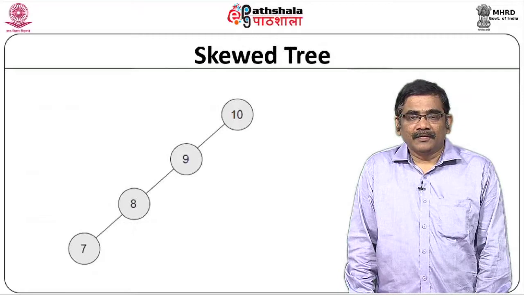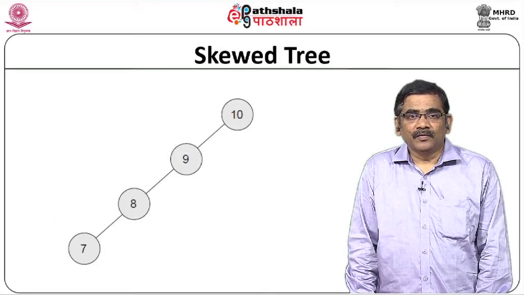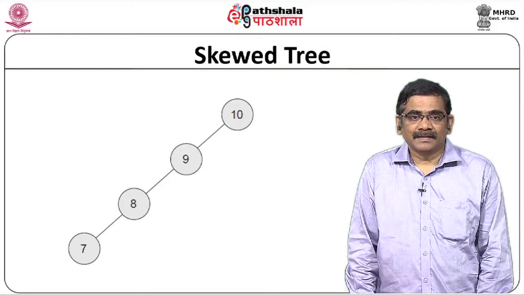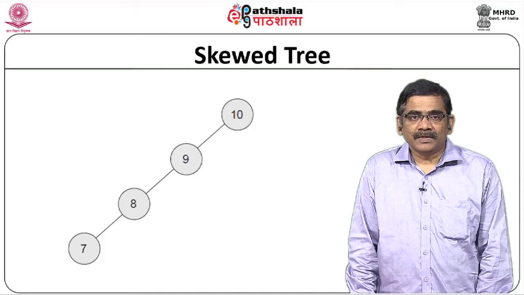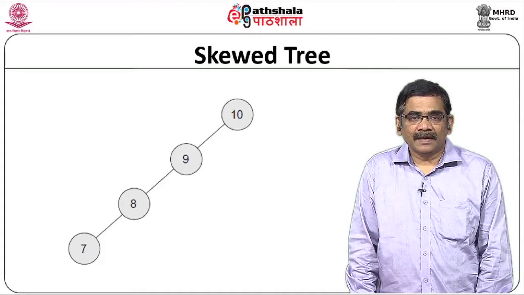More often when we try to develop a binary tree, we may end up with a tree something like this. For example, I have taken 4 keys 10, 9, 8 and 7, and I am trying to construct a binary tree.